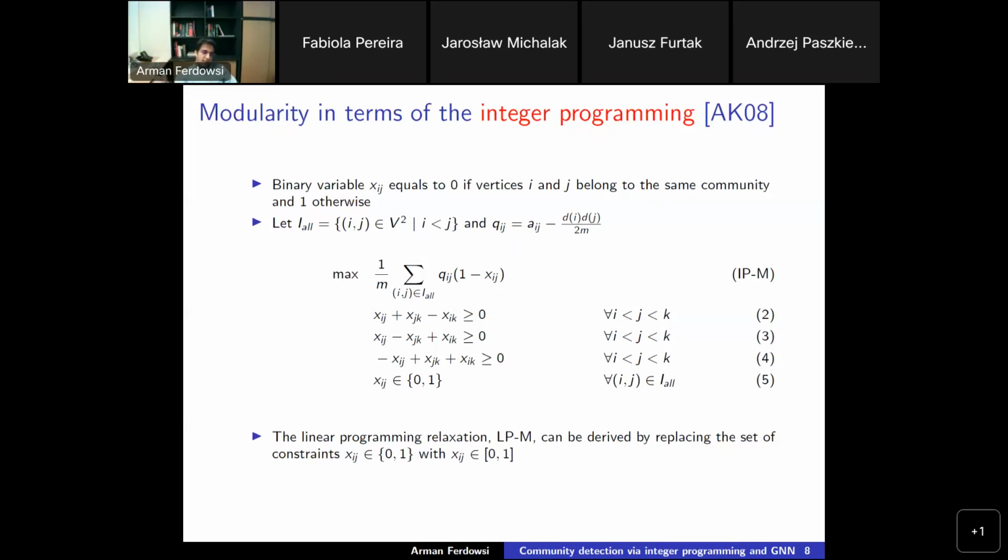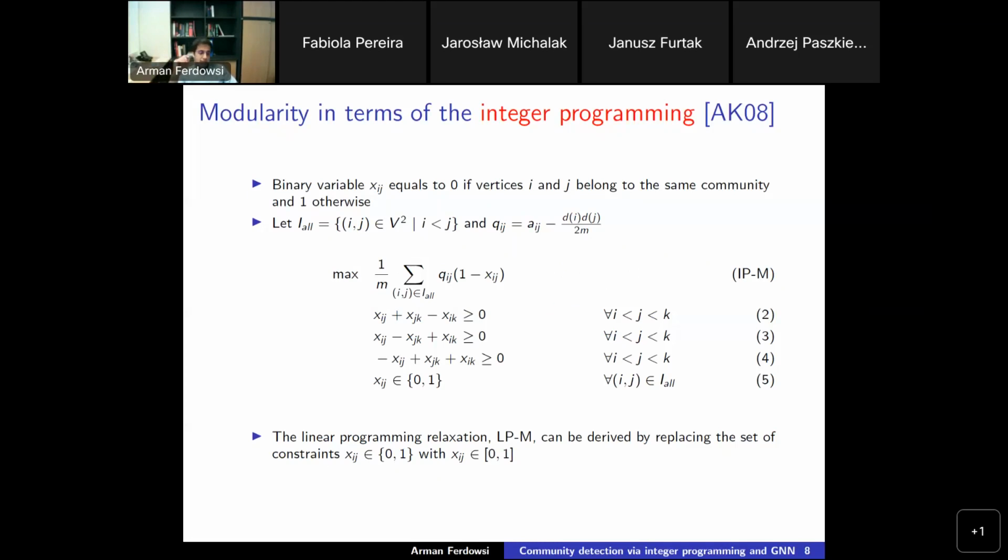Here on the slide, you can see the standard sparse integer programming model for the modularity maximization problem. Note that the binary variable x is defined in a way that x_ij equal to 0 means i and j are in the same community, and x_ij equal to 1 means that they do not belong to a joint community. Also note that the constraints of the model satisfy the triangle inequality.